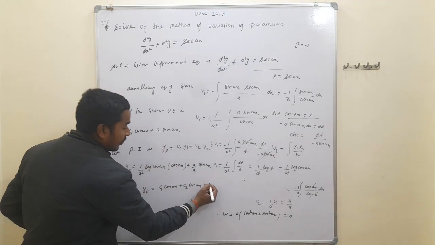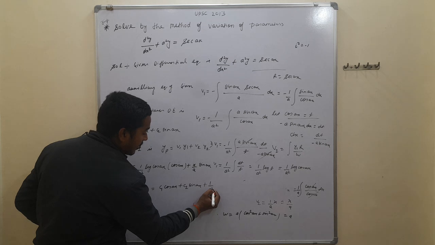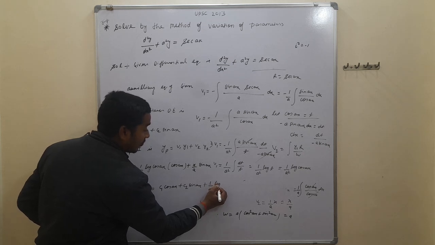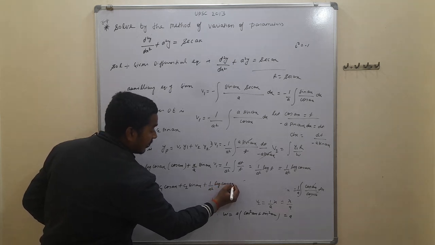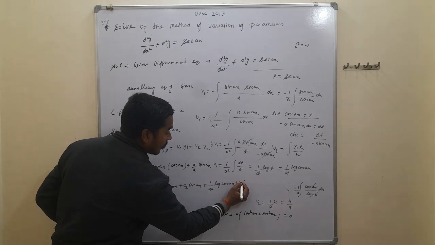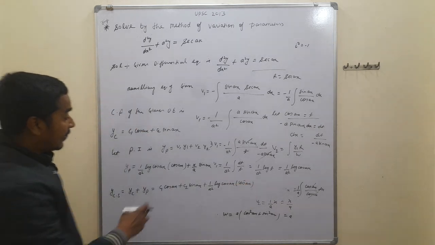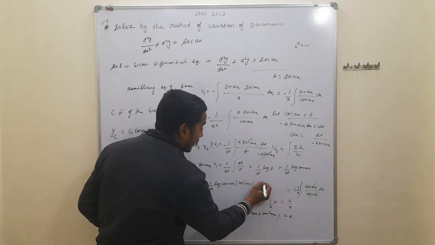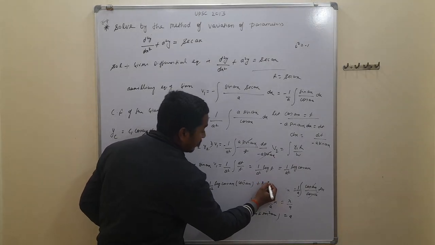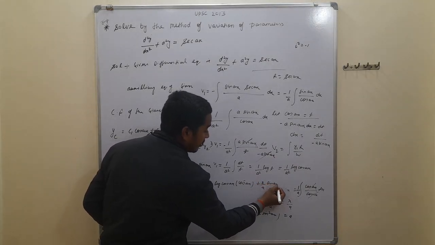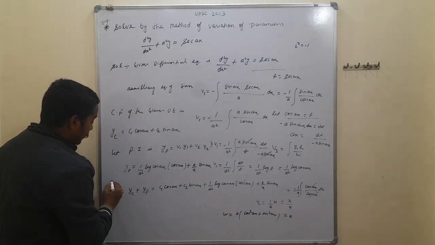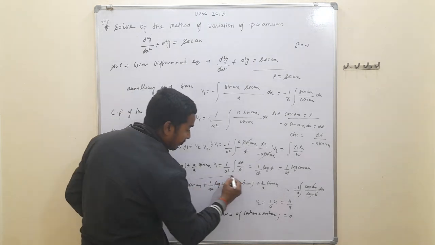This gives 1 upon a square log of cos ax into cos ax, plus x by a into sin ax. This is the required solution of the given problem.